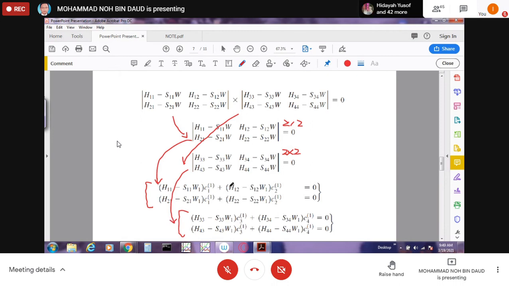So from these two sets of simultaneous equations, we can get four sets of C1, C2, C3, and C4. So this is C1, C4. We'll get this.